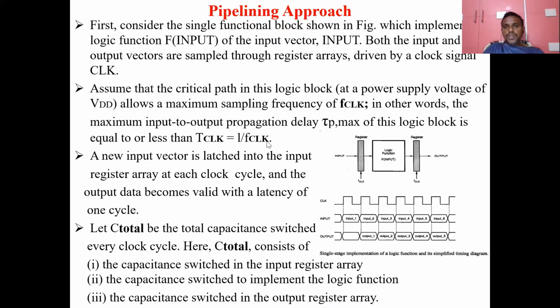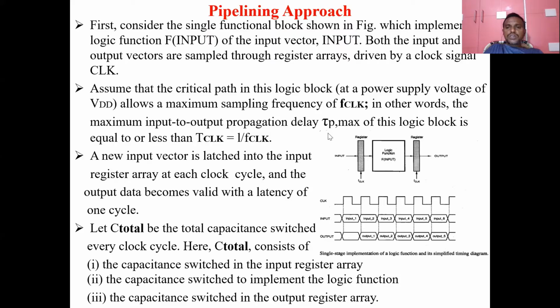So the propagation delay of the logic block is bounded by the time period of the clock. Here f clock is the clock frequency and T clock is the time period of each clock, that is T clock equals 1 by f clock.